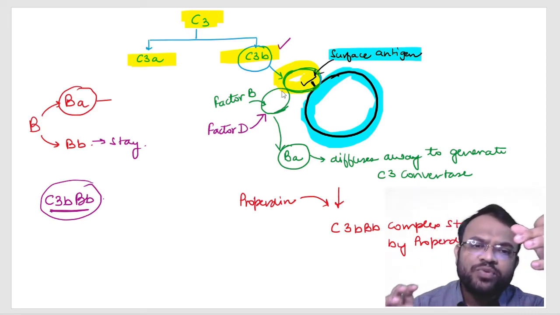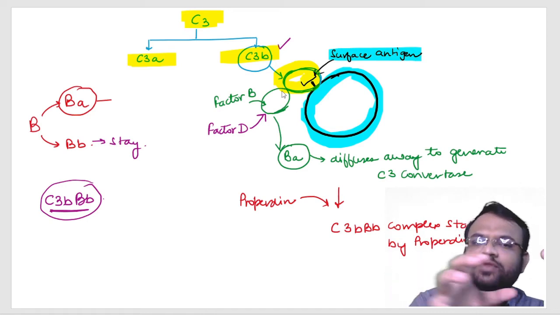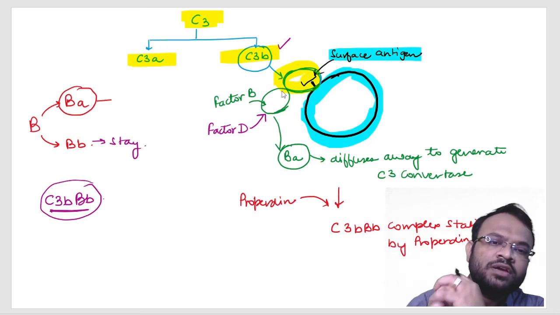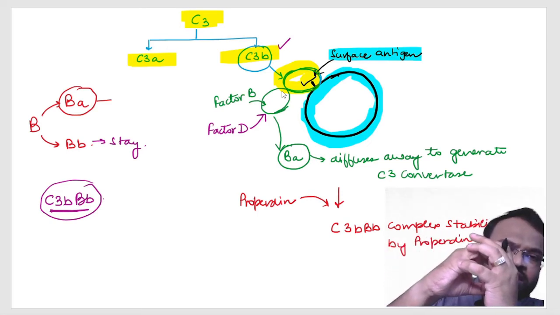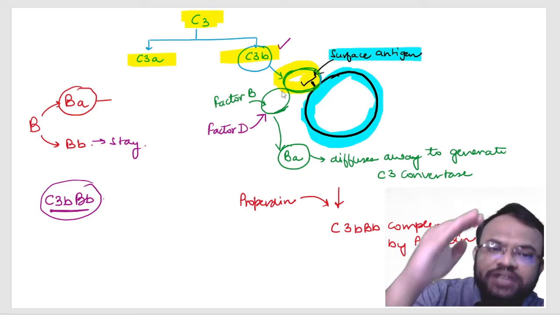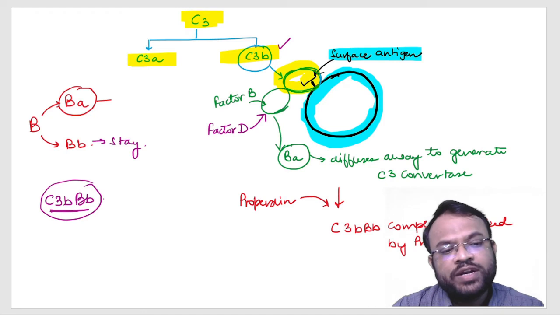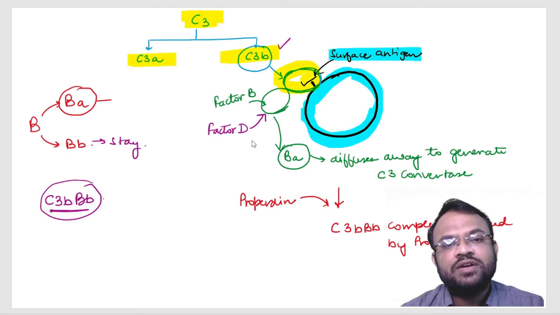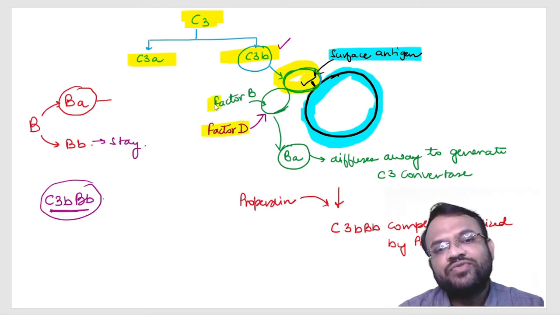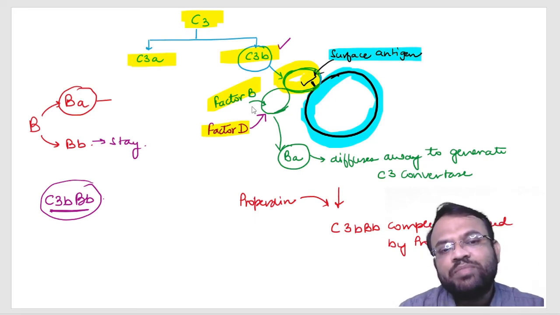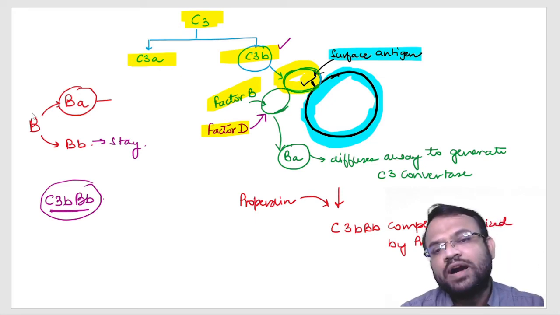Now another protein, factor B, a serum protein, comes and binds to this C3b. Just following it, factor D also comes and acts on factor B. When it acts on factor B, it breaks factor B into two parts, Ba and Bb.